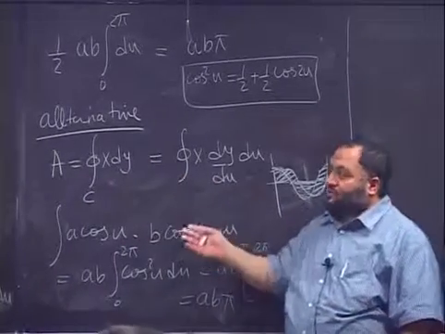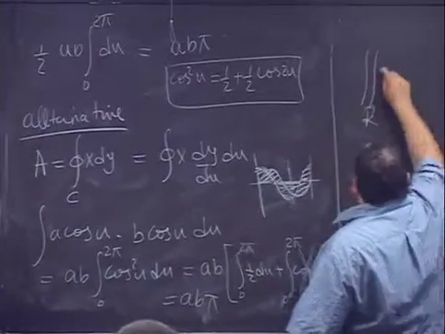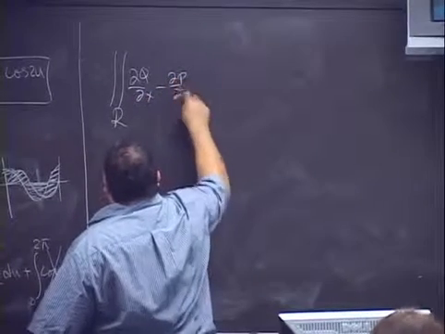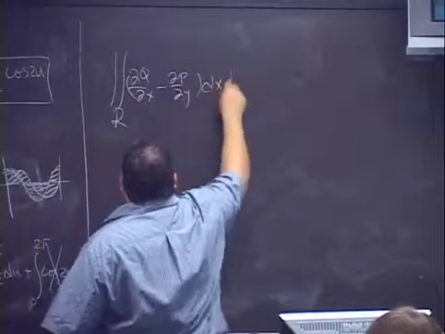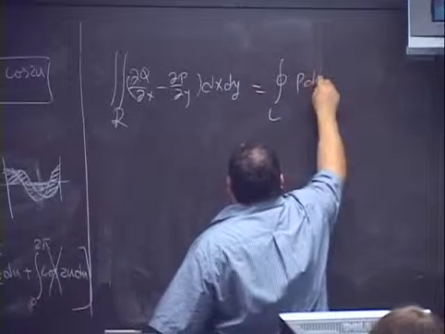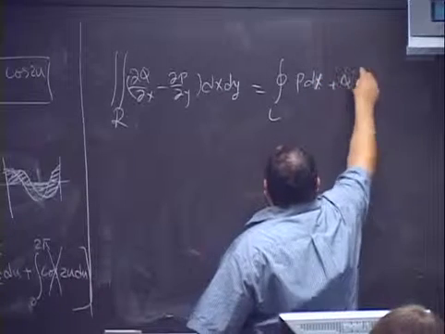How did we derive it? You assume that R is 0, and this is the double integral of dQ by dx minus dP by dy over dx dy, equal to the contour integral of P dx plus Q dy.